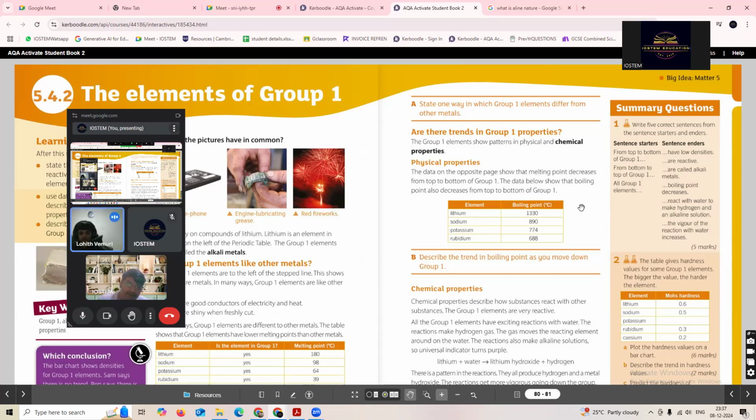From bottom to top of group 1, the vigor of the reaction with water increases. Good. All group 1 elements are called alkali metals. Good. And all group 1 elements react with water to make hydrogen and an alkaline solution. Great. Next question.